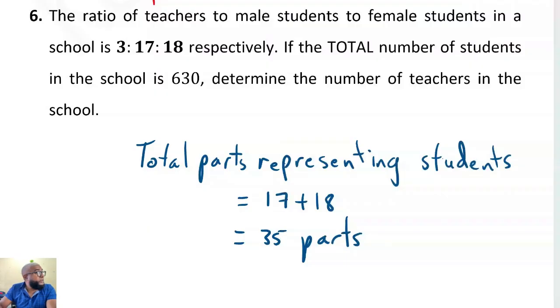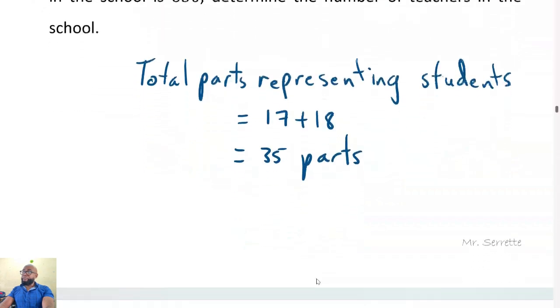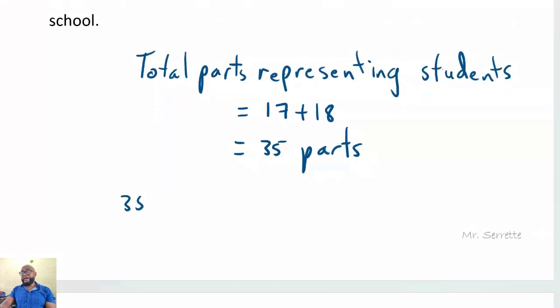But the question gave us the total amount of students in the school. What is the total amount of students? Excellent. So could I proceed to say that 35 parts is equal to 630?